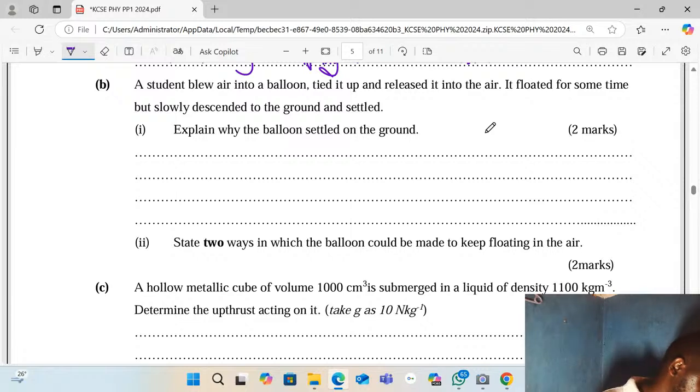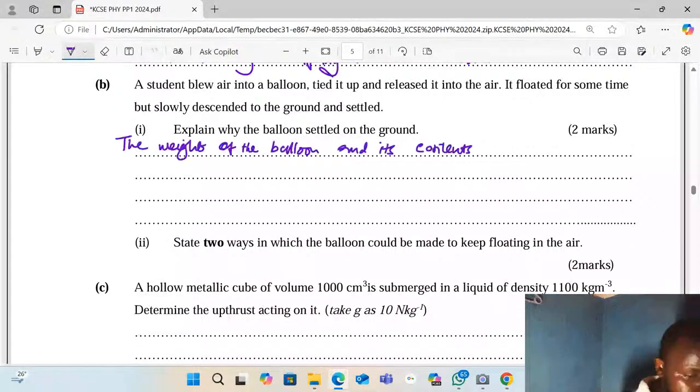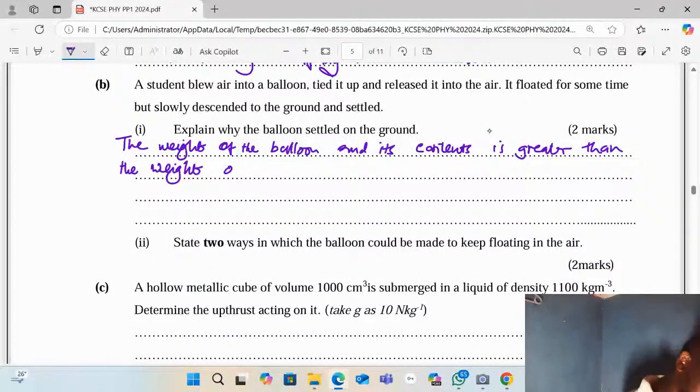So at first, you can say the weight of the balloon is greater than the weight of the air displaced.